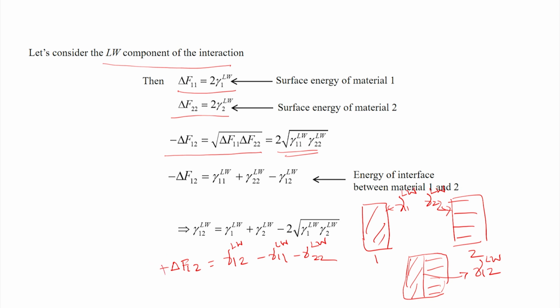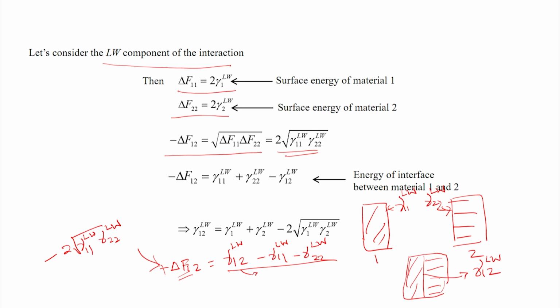So, here this will be the change in the interfacial energy. Now delta F12 will be written as 2 square root of gamma 11 LW into gamma 22 LW, and therefore there is a minus sign from here.